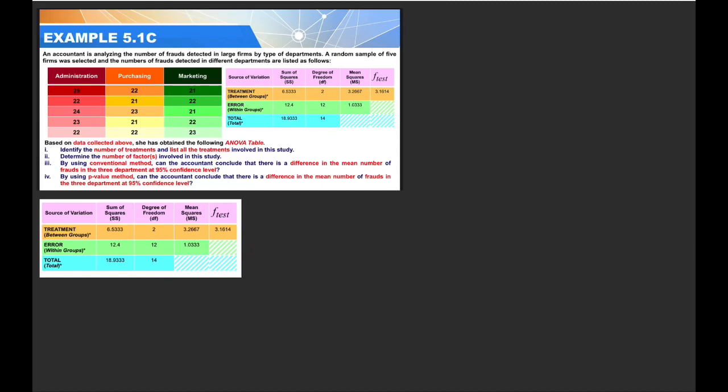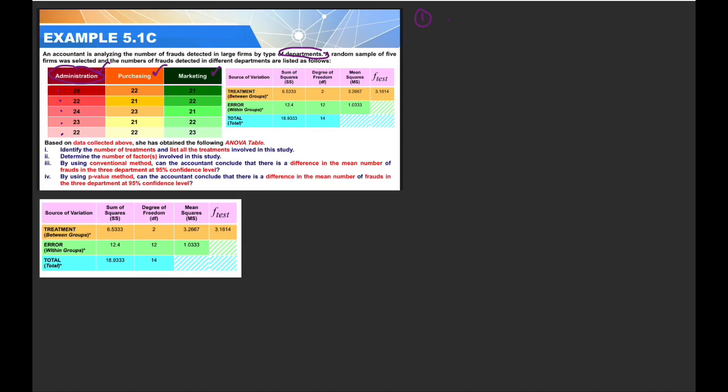A random sample of 5 firms was selected and the number of frauds detected in different departments are listed as follows. You have different types of department: admin, purchasing, and marketing. Is there any difference in the number of frauds? In the admin department you have 1, 2, 3, 4, 5, sample 5. These are the number of frauds.